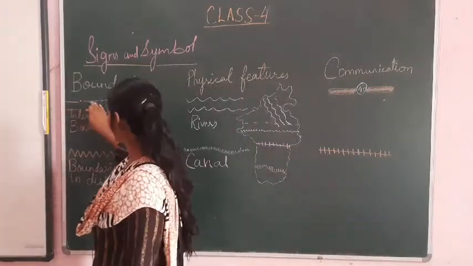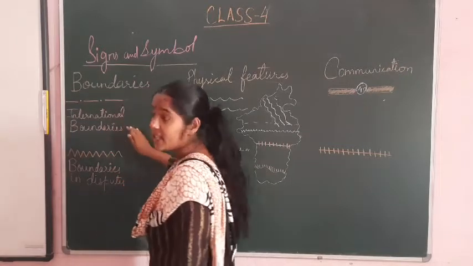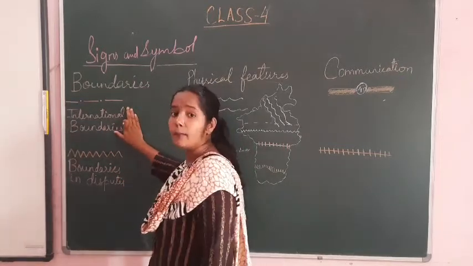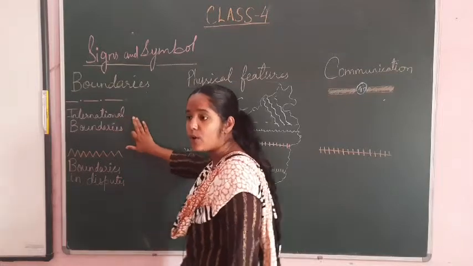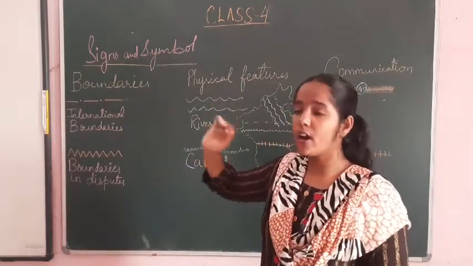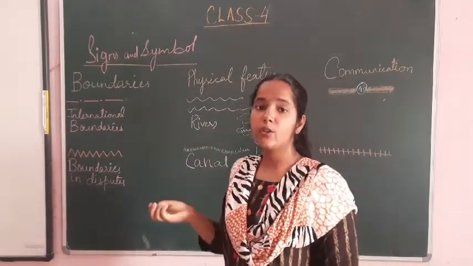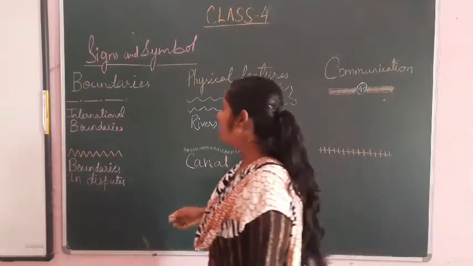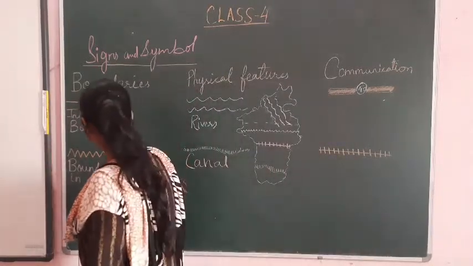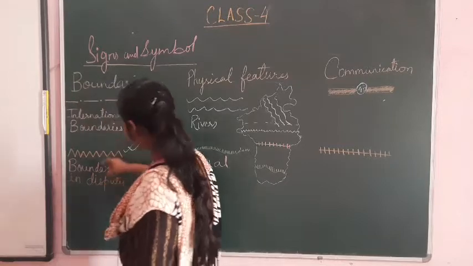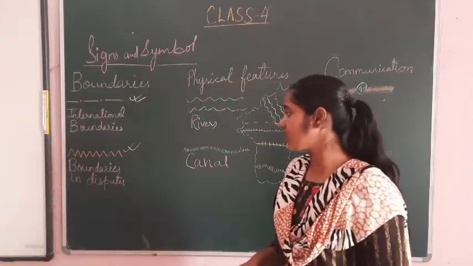Now this is a symbol. What does this symbolize? This symbolizes an international boundary. International boundary means the division of a country is related to the boundary, isn't it? After that, this is a symbol also. This is a boundary in dispute.